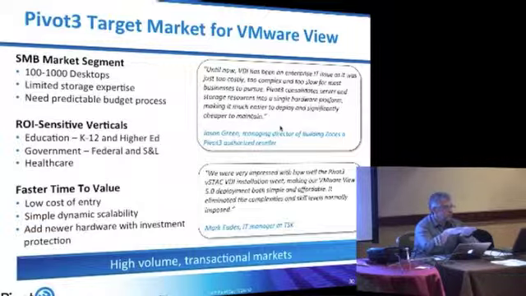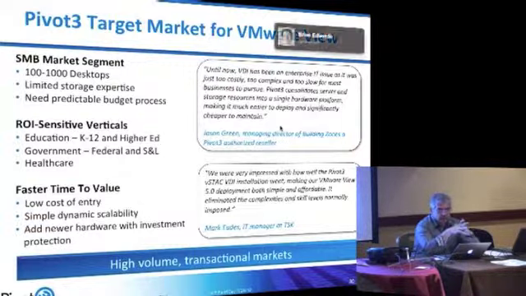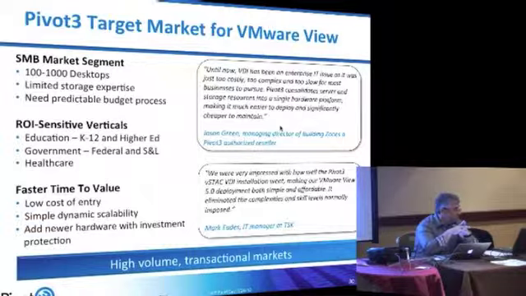So we're trying to balance what appliances we ship in terms of form factor and how they're equipped in terms of storage. For example, we don't use Fusion IO for a reason. It was expensive. We use SAS drives where we can to keep the cost down, and yet maintain the kind of performance and throughput that we need for the market that we're in. So just FYI.